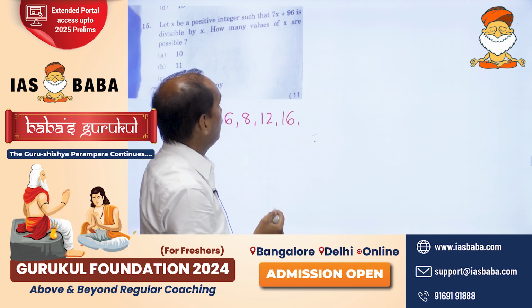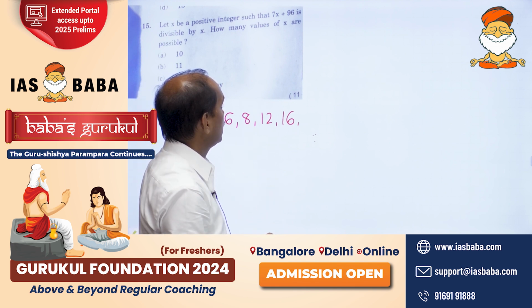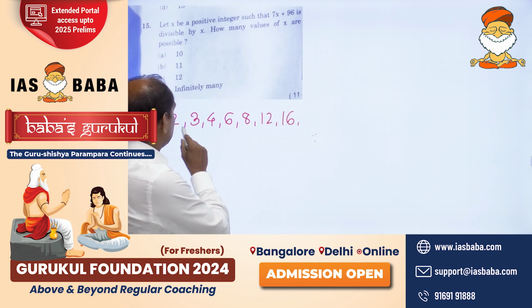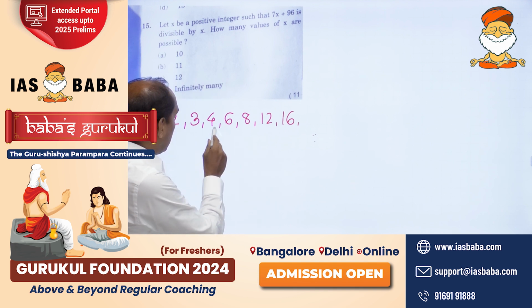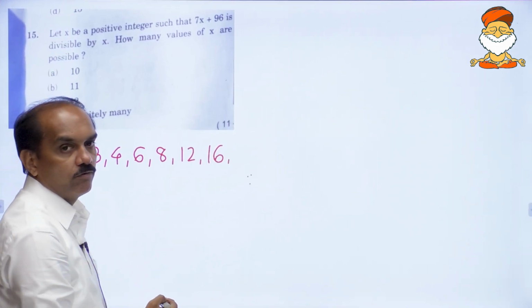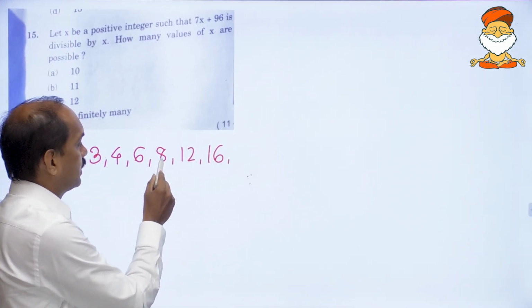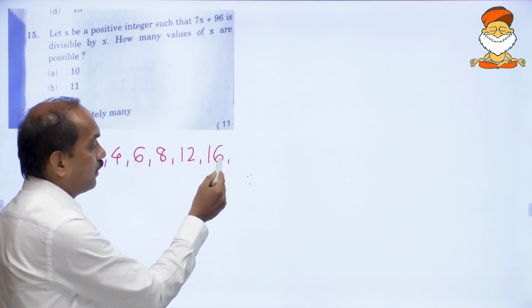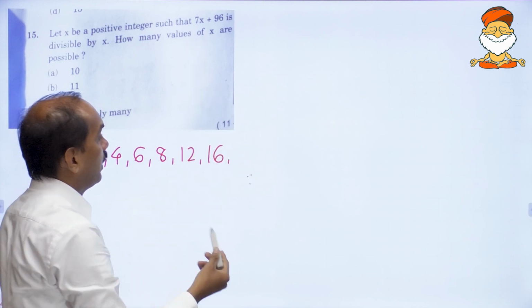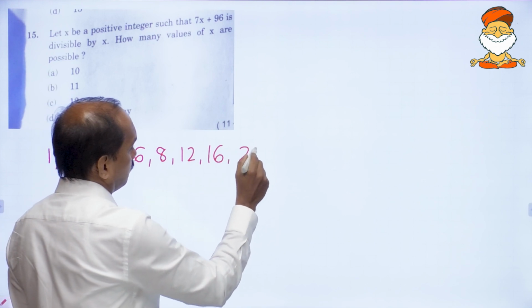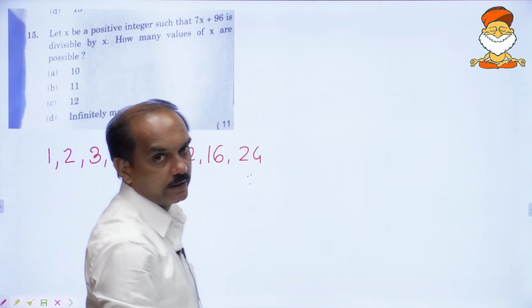17, 18, 19, 20, 21, 22. And one more important thing: after the initial phase, it will be only multiples of 4 here. See here, 4 2s are 8, 4 3s are 12, 4 4s are 16, 4 5s are 20. Check it out, 20 will not divide. 4 6s are 24, 24 will divide 96.